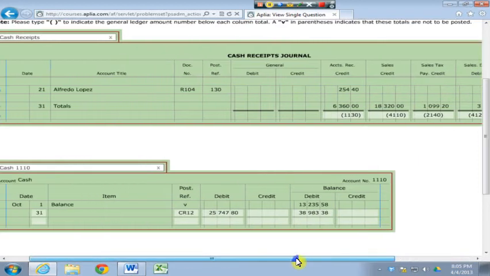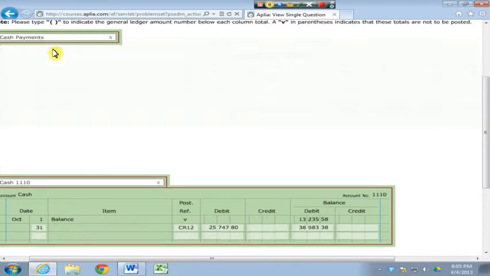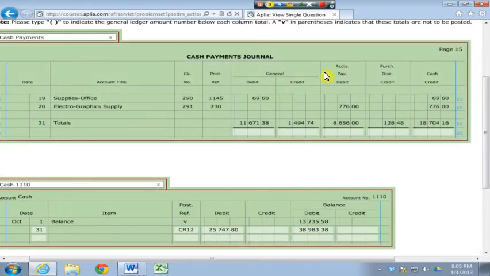Okay, we are done with the cash receipts journal. Step number 3, we're going to post the October 31st column totals from the cash payments journal. Okay, what is the first thing we need to do? Before we even go to a ledger page, we need to do something.